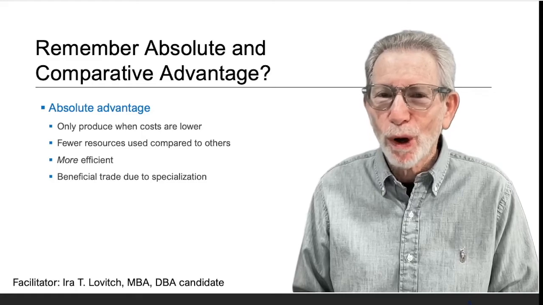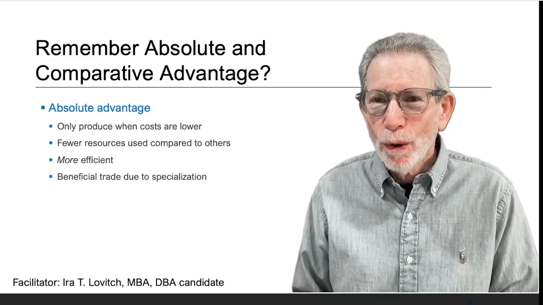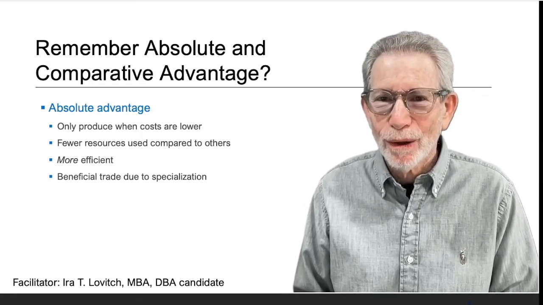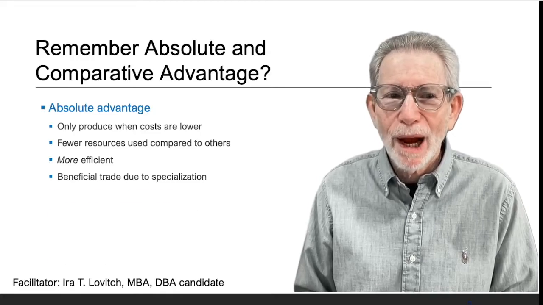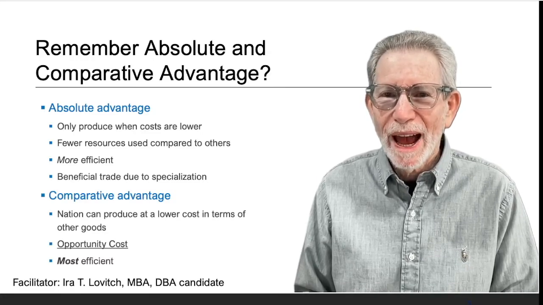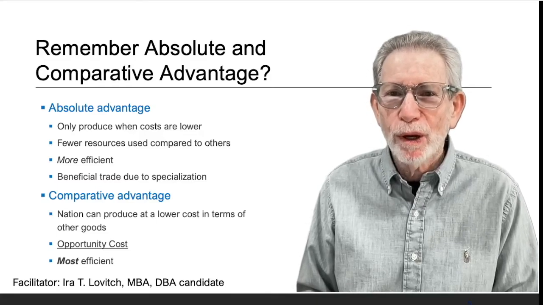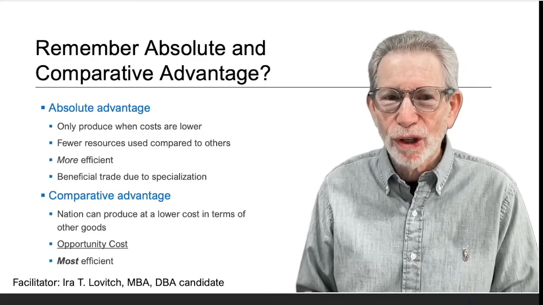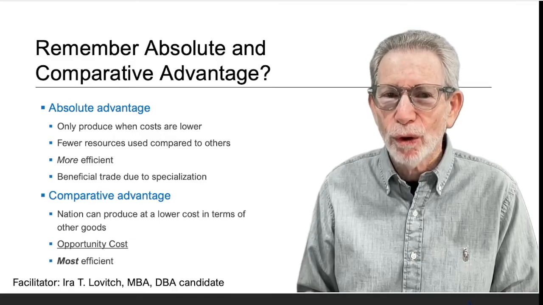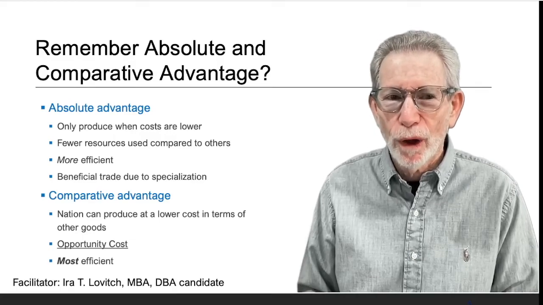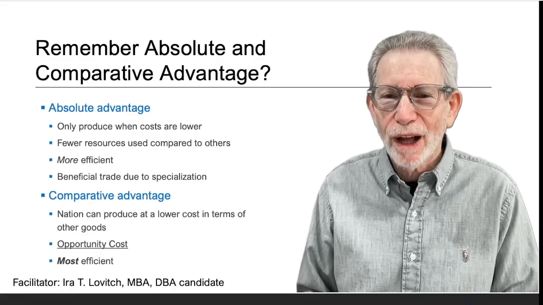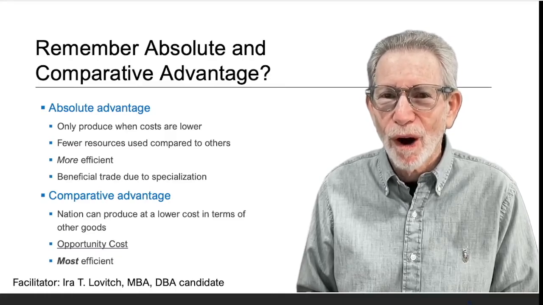But you might also recall David Ricardo, who about 40 years later came up with comparative advantage as an alternative that was better. It was better because a nation can actually produce when the costs are lower in terms of other goods. This is a concept called opportunity cost.